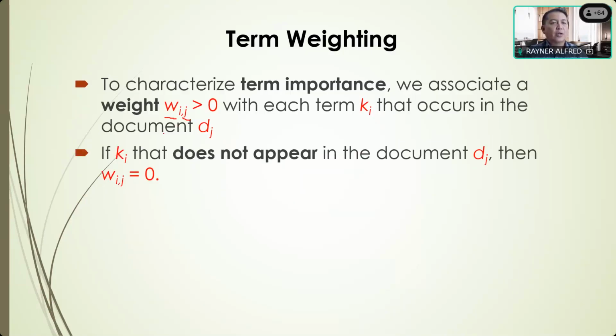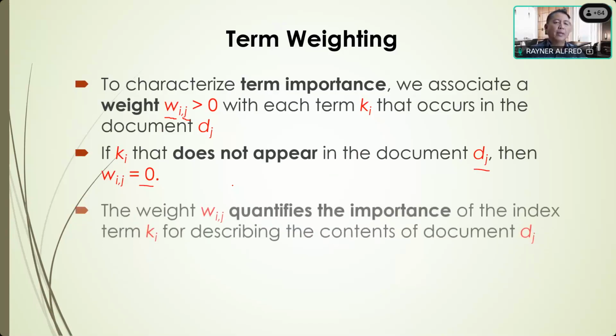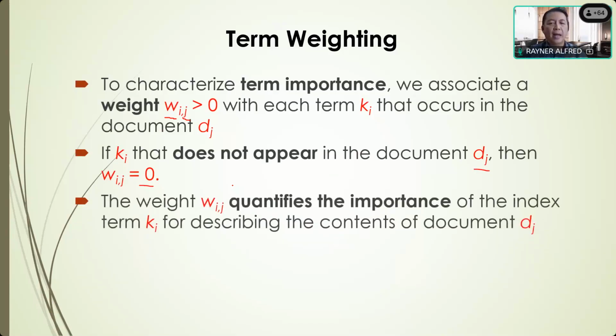Okay. So if keyword i does not appear in document j, it will be 0. Otherwise, it will be some number that quantifies how important the index term k_i is for describing the content of document d_j.